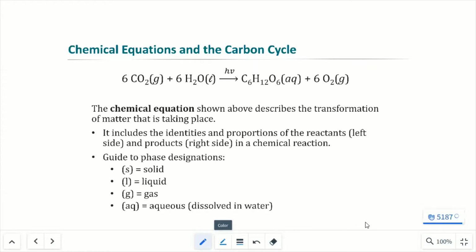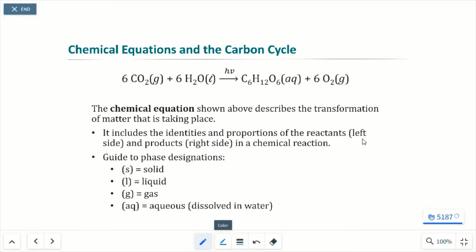We start with reactants. Those reactants react and convert themselves chemically into products. We've got the reactants here on the left side, and the products here on the right side.